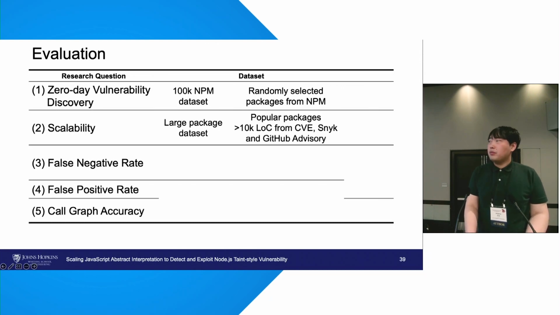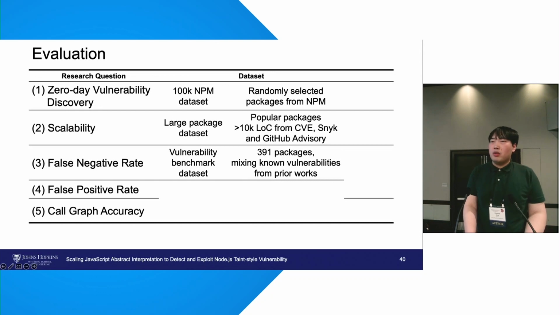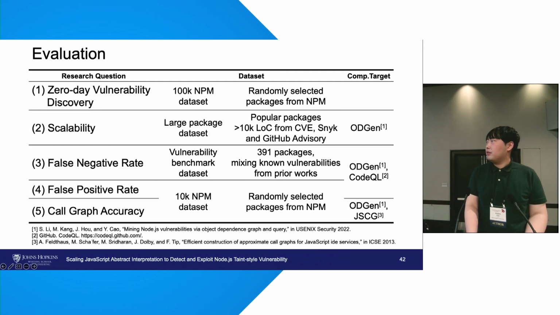For scalability, we prepared a dataset of vulnerabilities in popular large packages over 10,000 lines of code. For false negative rate, we mixed the known vulnerabilities from prior works into a 391 package dataset. For the rest, we prepared another smaller NPM dataset.